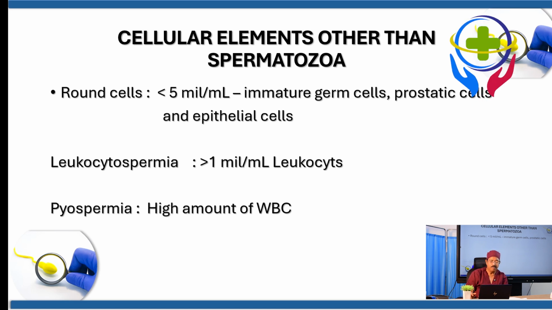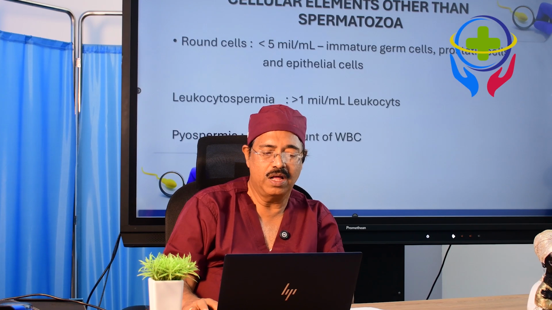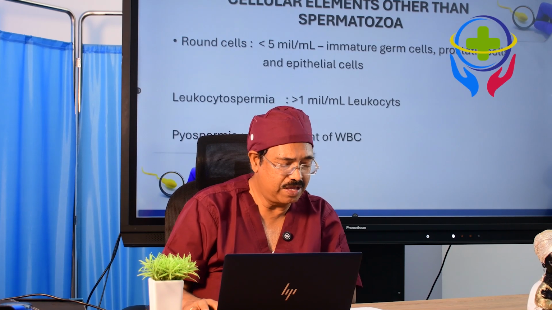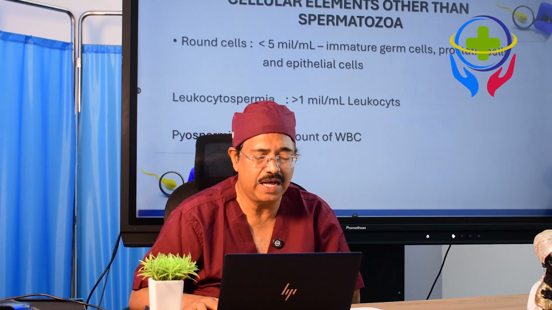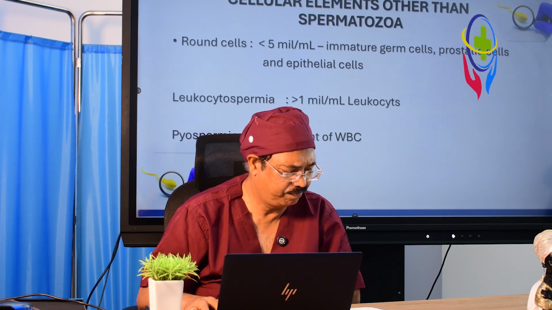And sometimes prostatic cells and epithelial cells are also present in the semen. Next we observe leukocytes. If the leukocytes are present at more than 1 million per ml, we call it leukocytospermia. And sometimes we can also see a high amount of WBC, and we call this condition pyospermia.